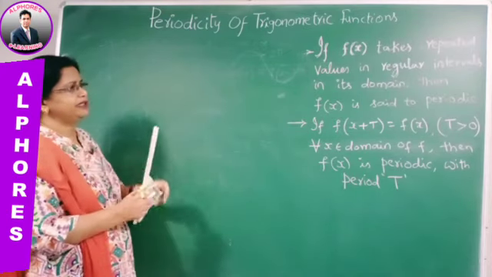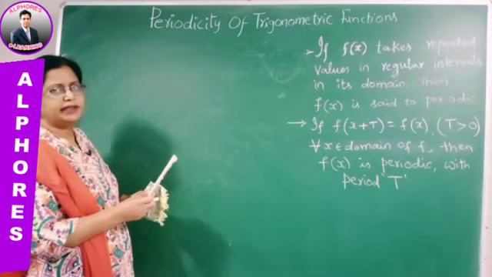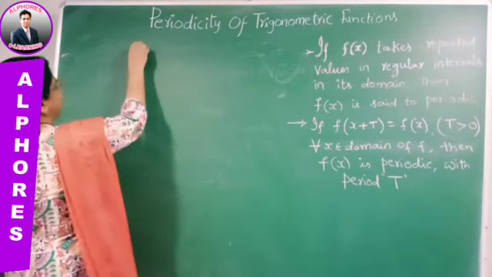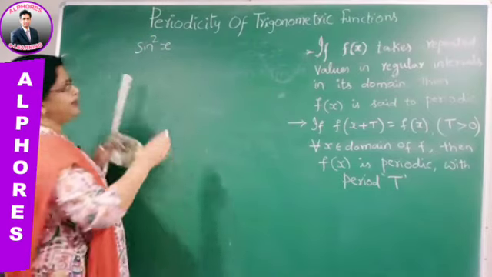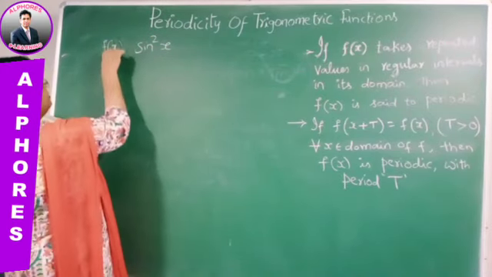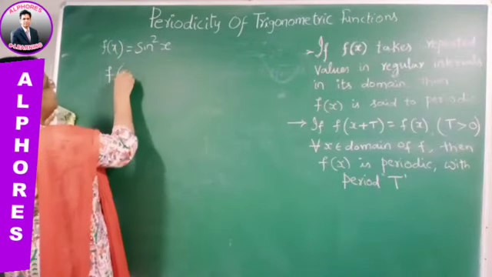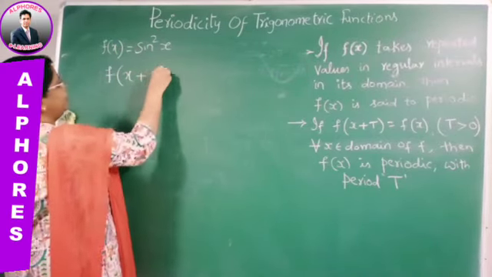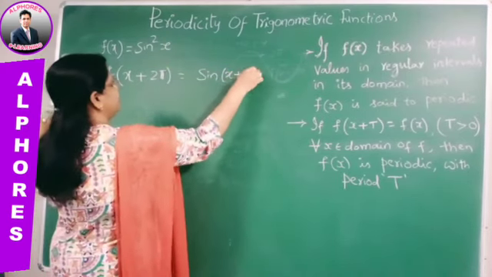And now next students, if you observe all these conditions, now suppose I take sine square x. If I take f of x equal to sine square x, then if I write f of x plus 2 pi, undoubtedly the answer is, how much students? It is again the same value.